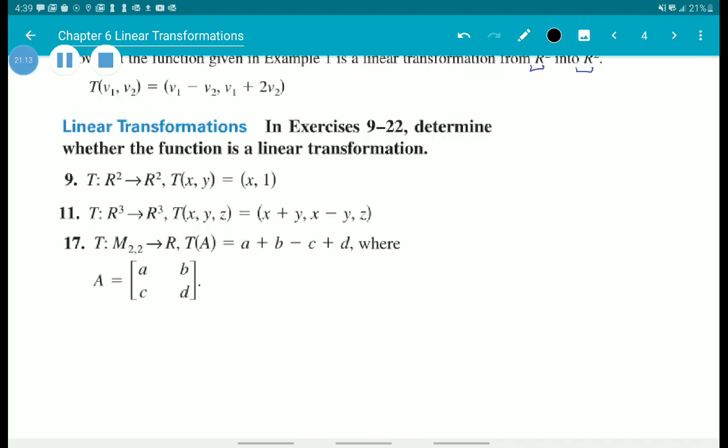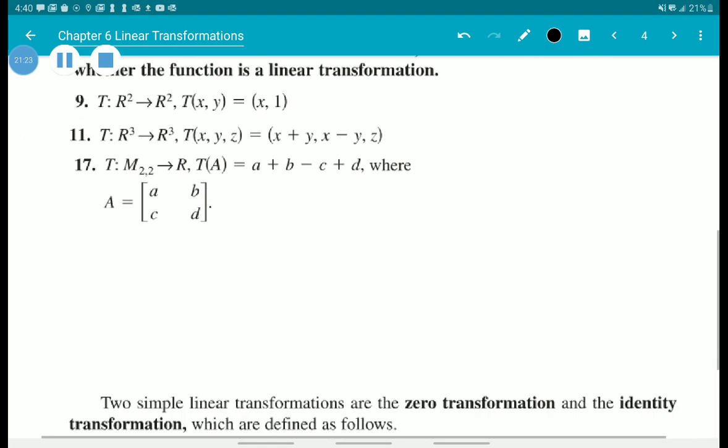So let's look at another one. What about 9? Is this guy going to be a linear transformation? We're going from R2 to R2, and this guy's going to map, no matter what x and y are, to x, and that y coordinate's always going to be 1.